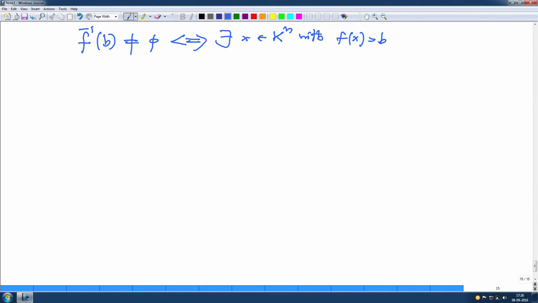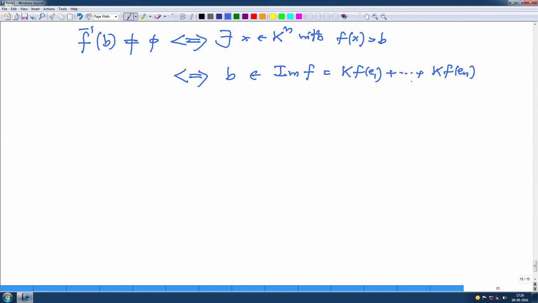But that is if and only if this b belongs to the image of f. But the image of f, we know, is generated by f e1 through f en.